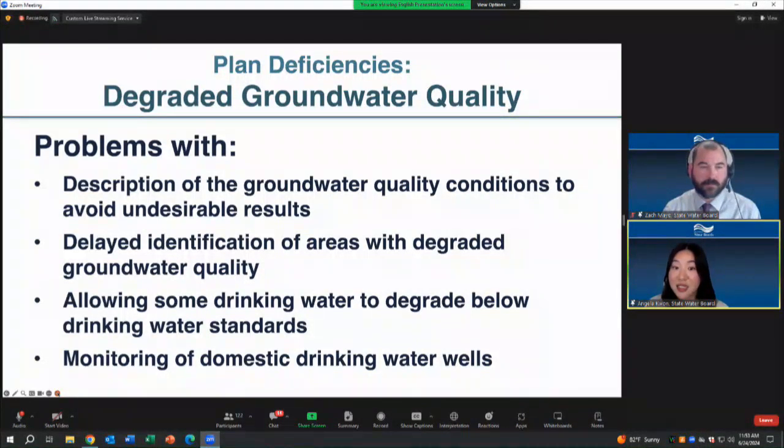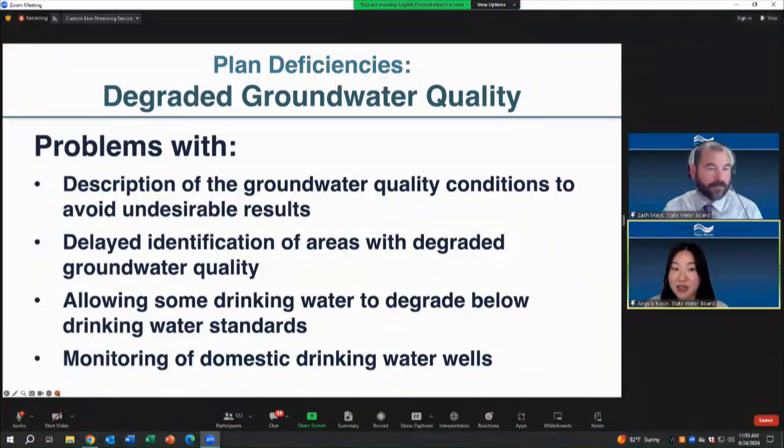Public supply wells are often deeper than domestic wells, and as a result, the groundwater quality readings in public supply wells are likely not representative of conditions in shallow domestic wells. In addition, the 2022 groundwater sustainability plans do not provide sufficient details in how domestic well owners would be supported if their wells experience degraded groundwater quality due to groundwater management.